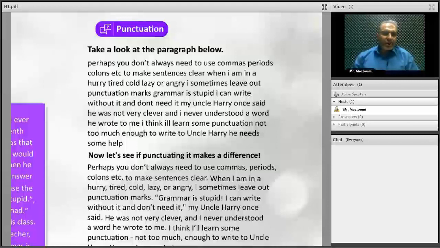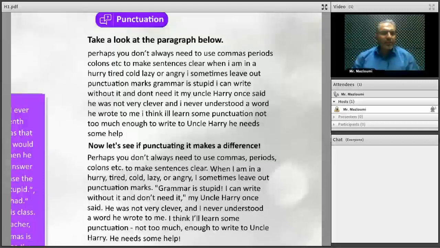Please pay attention. Since it lacks any punctuation marks, I won't be able to read it smoothly. I might make unnecessary pauses.